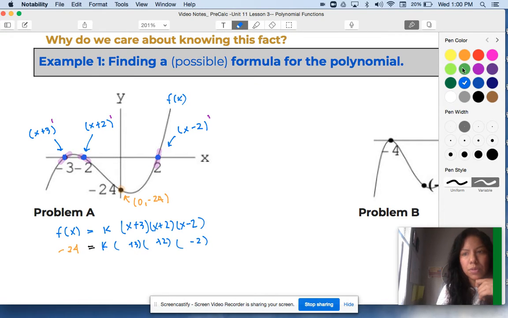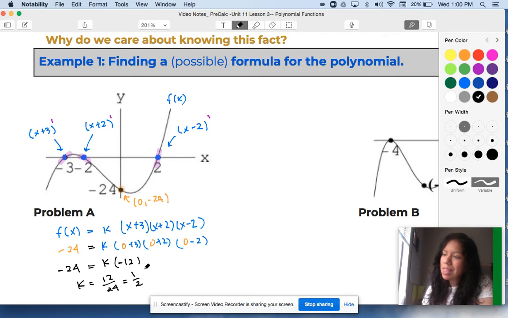Once you simplify this to its most reduced form, you're going to get negative 12 here. And so then you get k by itself. This will become 12 over 24, which then becomes 1 over 2. Let me check my math on that.